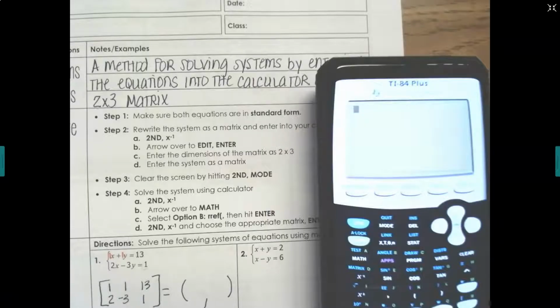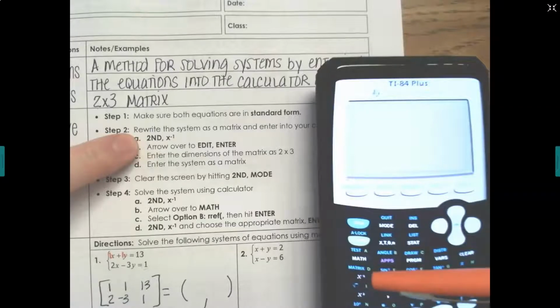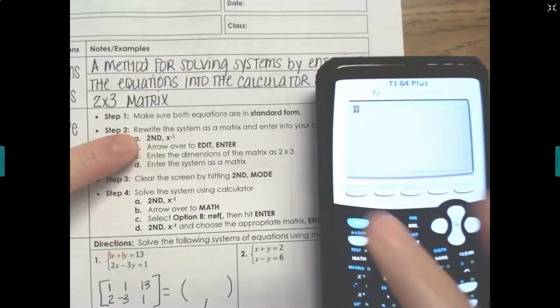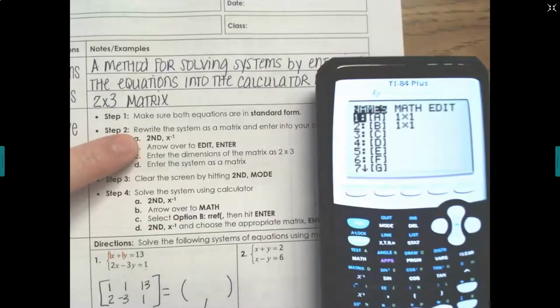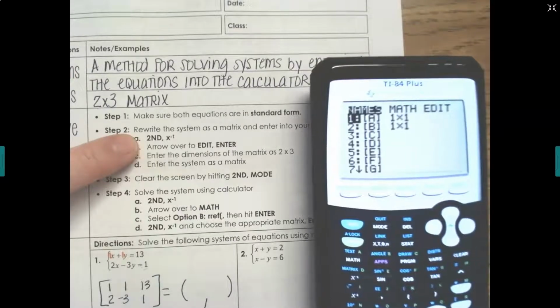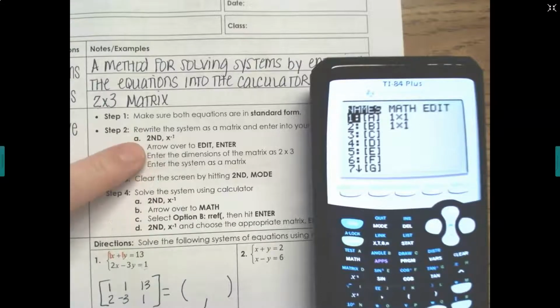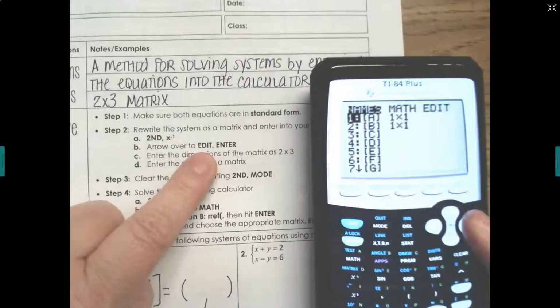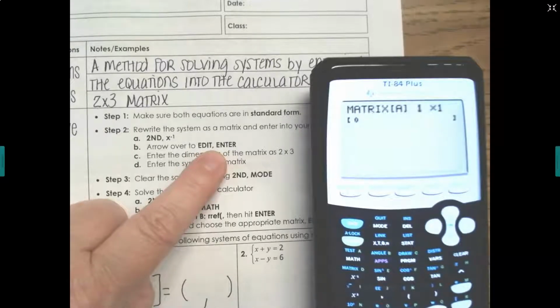All right, with our calculator, our first step is the second button and x negative 1. The x negative 1 is right here below the math button. So second, x negative 1, and you should see this menu pop up. We're going to arrow over to edit, and then press enter.